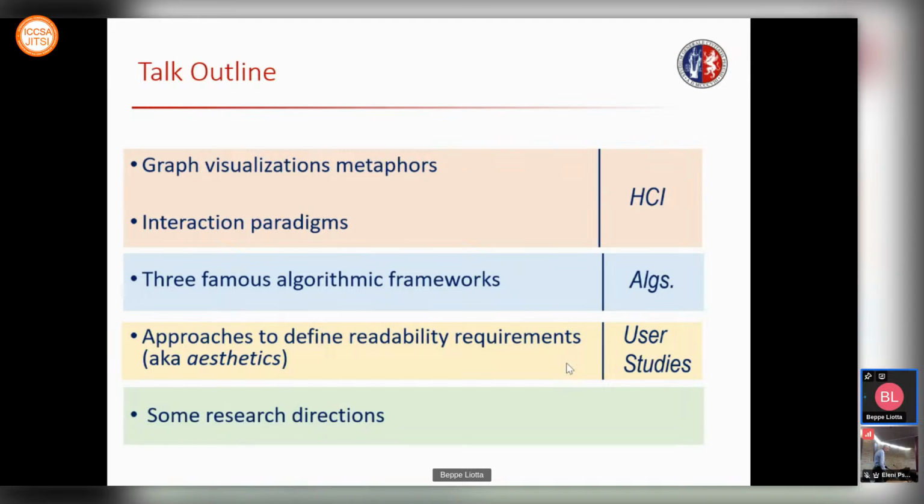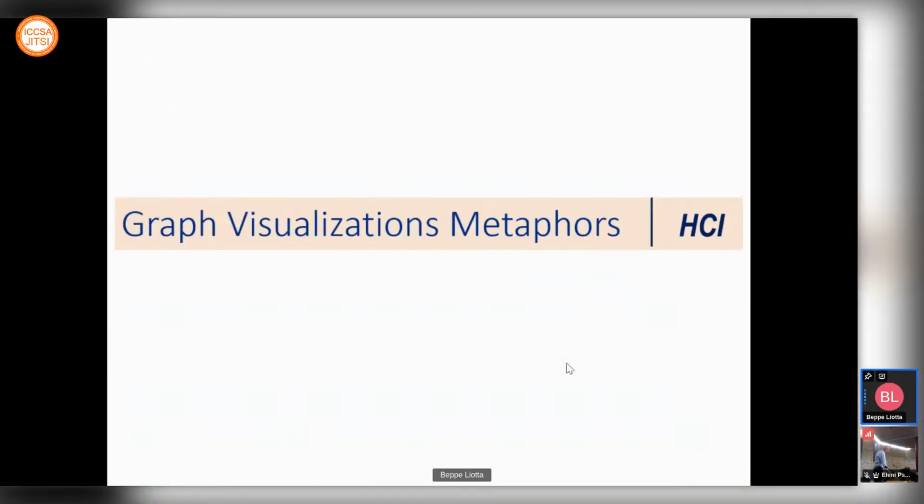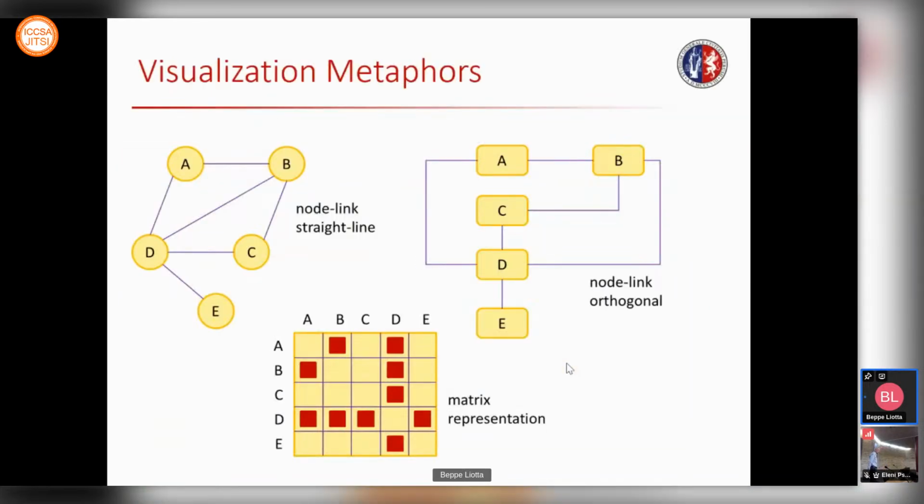All right, so let's start with the visualization metaphors. Most of my talk will be about the node-link metaphor, but before going into that, I wish to mention at least some other widely used metaphors. Already between the node-link metaphors, there are different variants.